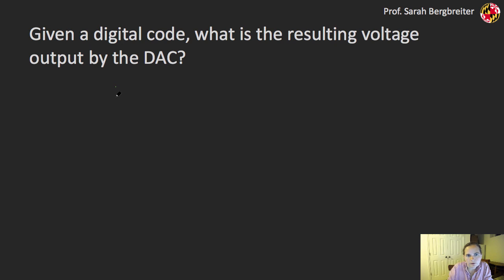In general, though, given some digital code, if I'm interested in figuring out the resulting voltage output from the DAC, my V out is going to be some fraction based on the code over the total number of codes, times that full scale range. Once again, this might change a little bit depending on the implementation, but this is a good rule of thumb.